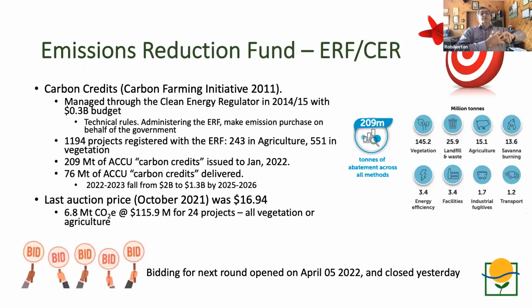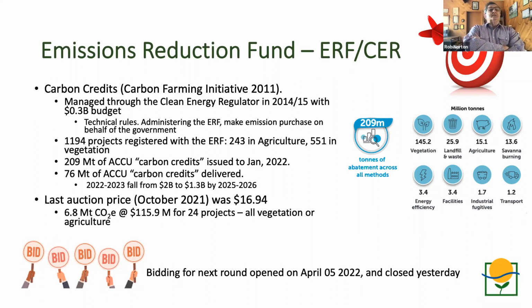So let's go on. We'll just mention that the main policy area that plays into what we do in agriculture is the ERF, the Emissions Reduction Fund, and that's managed through the Clean Energy Regulator, CER, lots of acronyms there, of course.